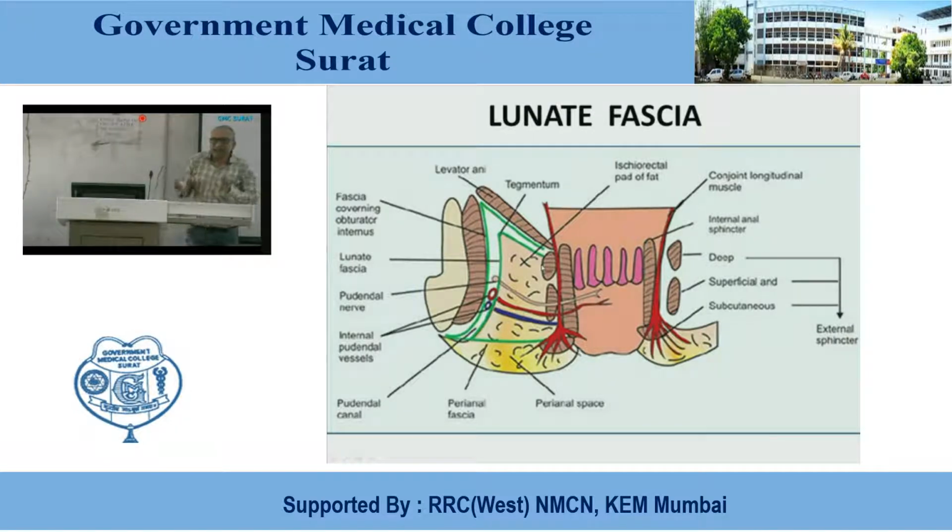So one can get that within the depth of this ischiorectal fossa, one arched fascial disposition is there, which is in close contact with the fascia covering obturator internus over the lateral aspect and anal fascia over the medial aspect. So this arched fascia is known as the fascia lunata or the lunate fascia.